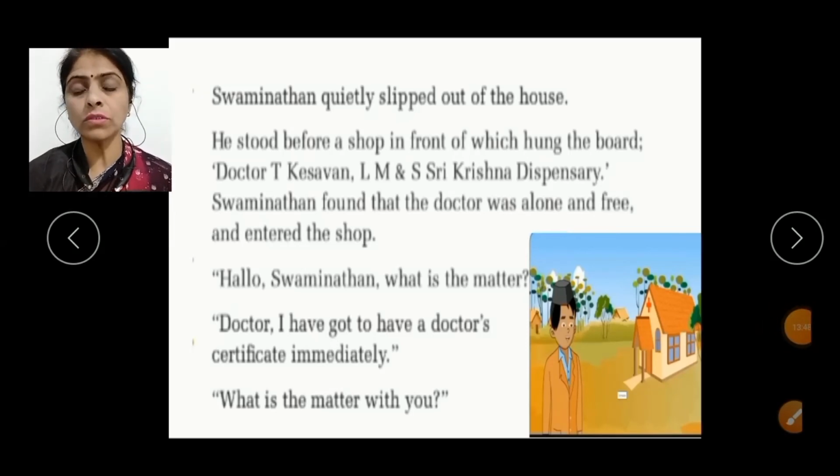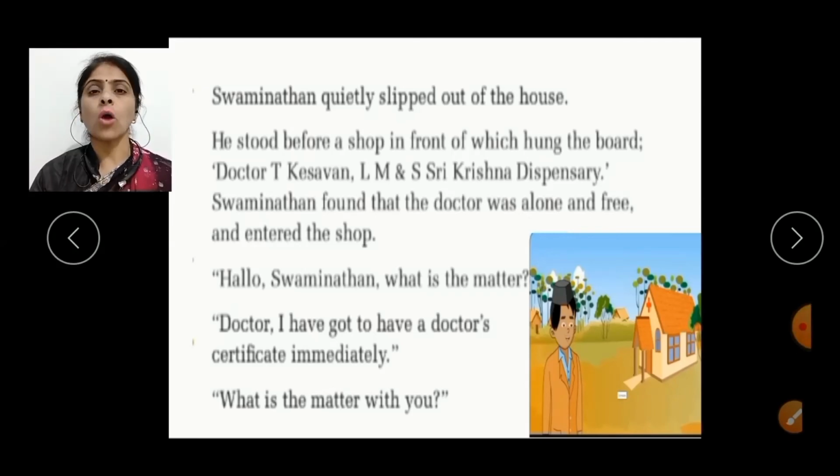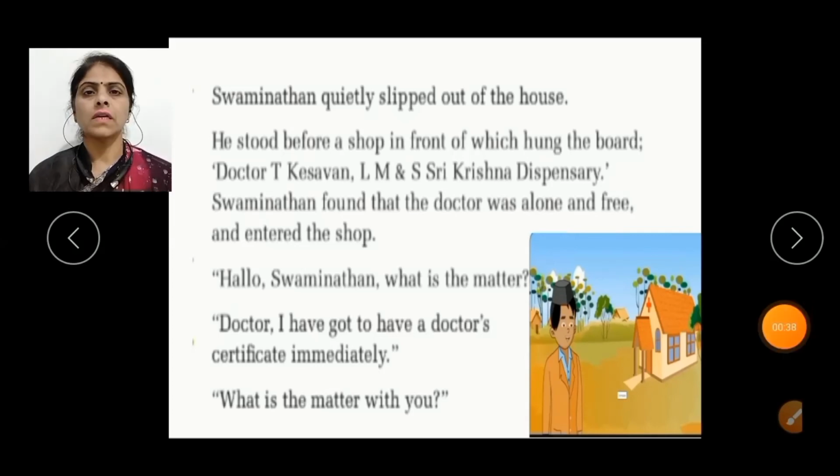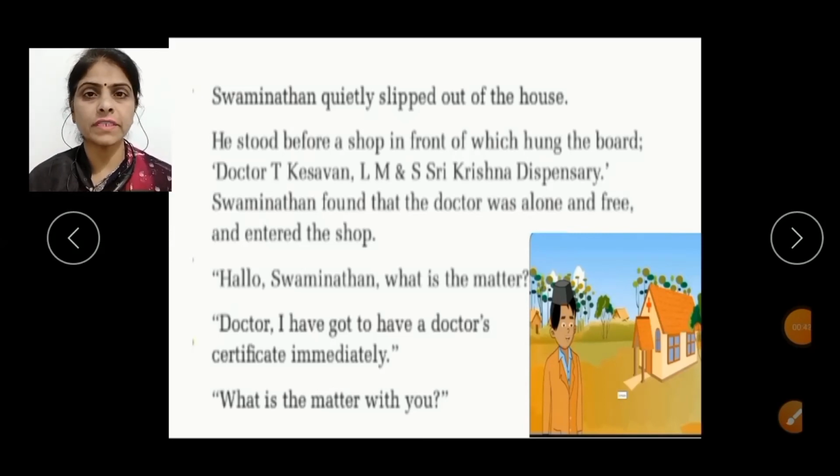When Swami found the doctor alone and free, he entered his dispensary. The doctor asked Swaminathan what was the matter. Then Swaminathan told him honestly that he wanted a fake medical certificate immediately. Hearing this, the doctor got surprised and asked why he wanted a fake medical certificate immediately.